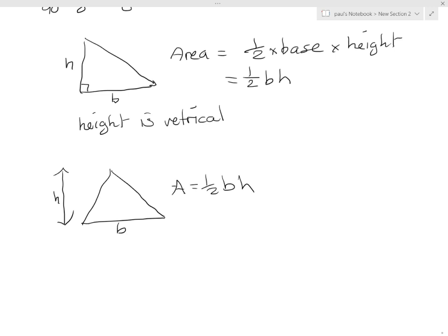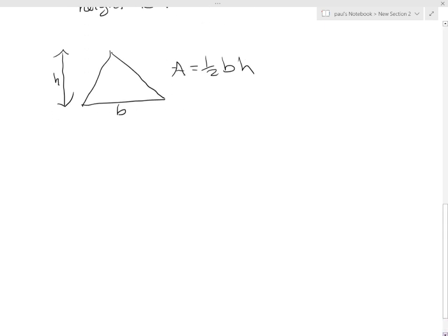That's the base, vertical height. So we'll put some numbers in there and do a couple of examples, shall we? Okay, let's do a couple of examples.